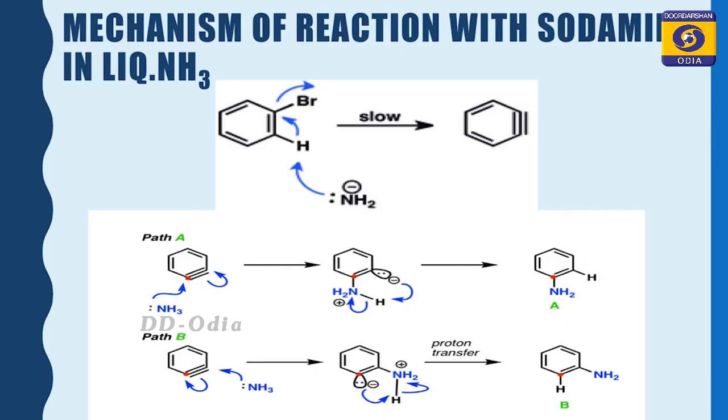The NH2 minus, which we get from KNH2, attacks as a base to the proton. So, the electron pair present between carbon and hydrogen comes to the bond between two adjacent carbons, thereby making it electron sufficient, and the leaving group, the Br, leaves the system as Br minus. So, in this process elimination of Br minus takes place.